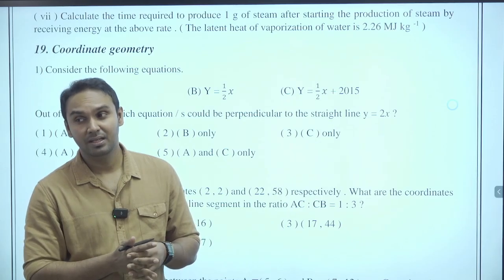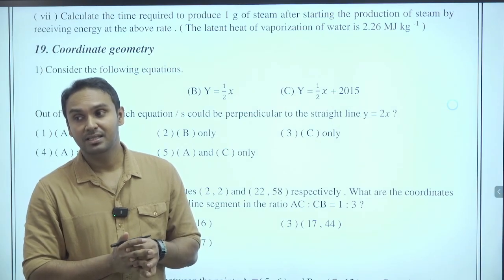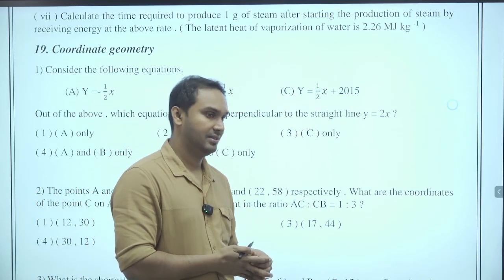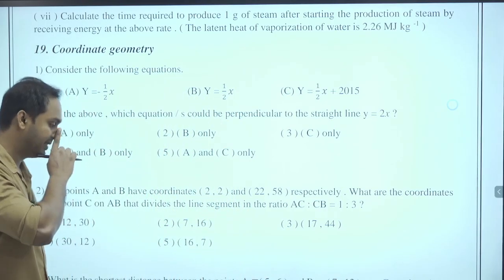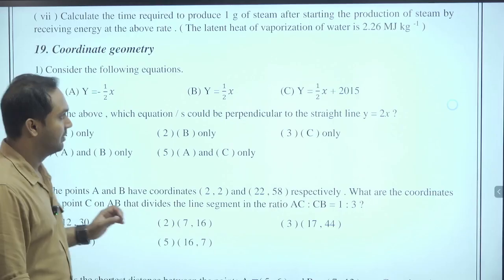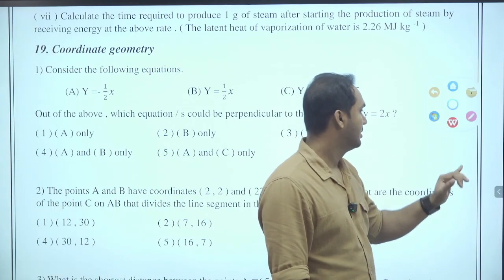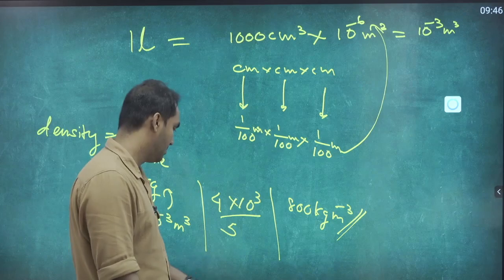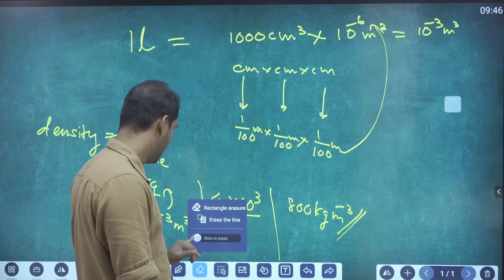The gradient should be the minus reciprocal of the other, right? If two equations are perpendicular to each other, that means the gradient should be the minus reciprocal of each other. You have to remember those theories, otherwise you can't do it.